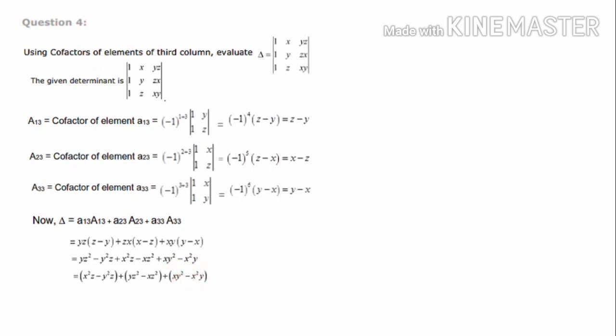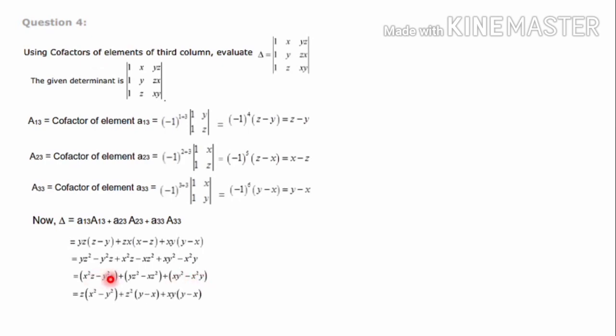Once again I will explain the regrouping, that is x square z and y square z together. So x square z minus y square z, plus yz square and minus xz square are taken together, plus the balance two terms taken together. Then take common factors.